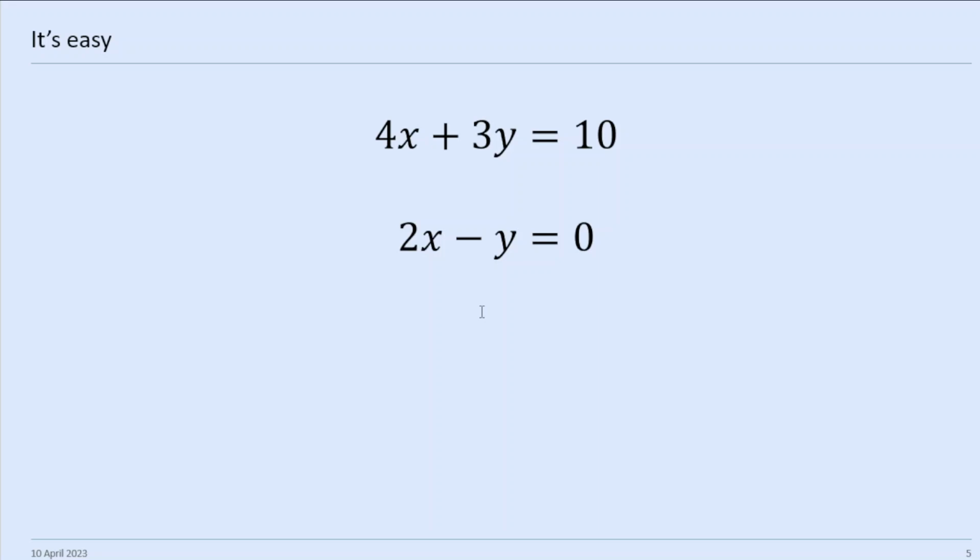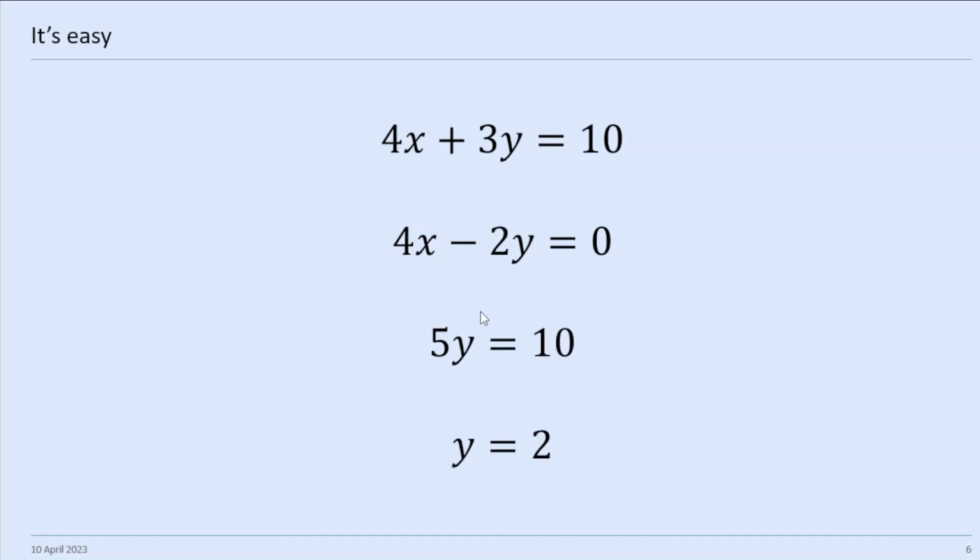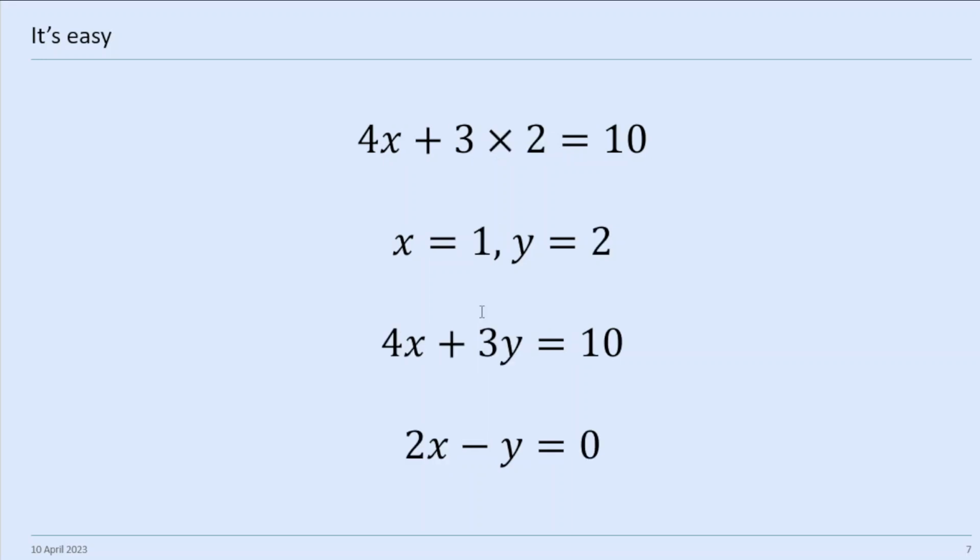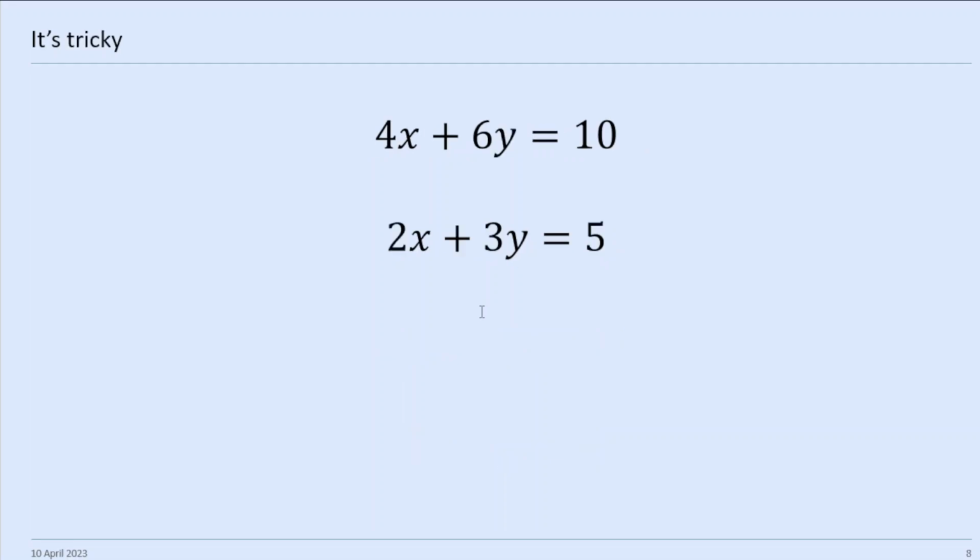We're going to double the bottom one, which will tell us that 4x minus 2y equals 0. We subtract them, which tells us that 5y equals 10. Divide by 5, y equals 2, which means 4x plus 6 equals 10, which means x equals 1. If we substitute them back in, we can check that that's working. So x equals 1 and y equals 2.